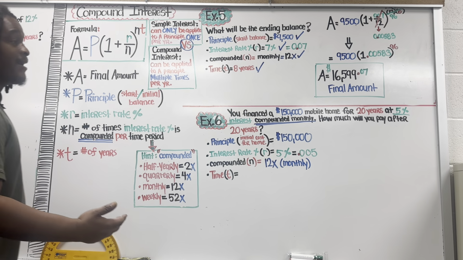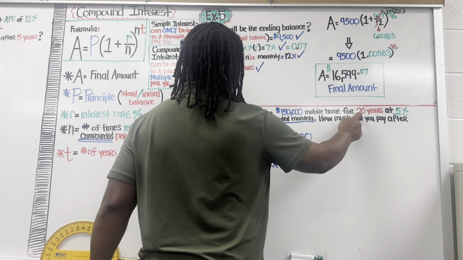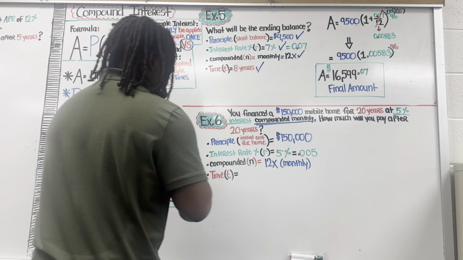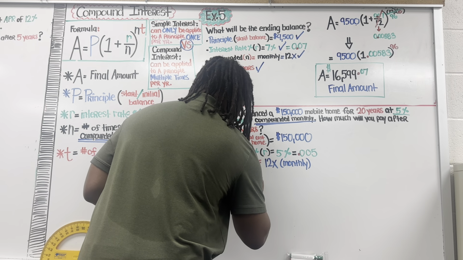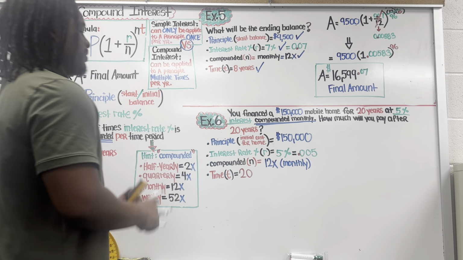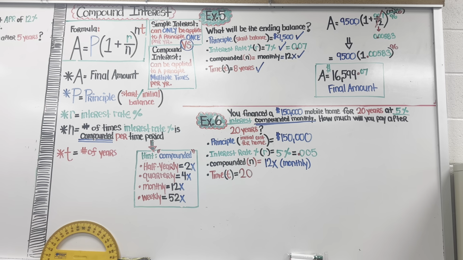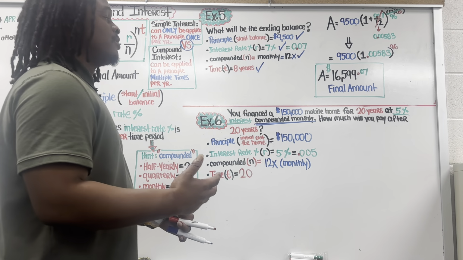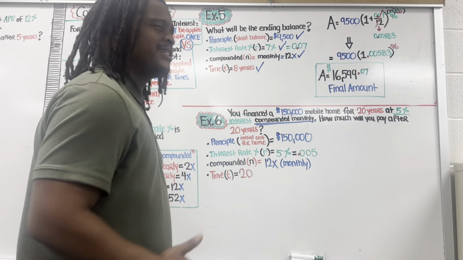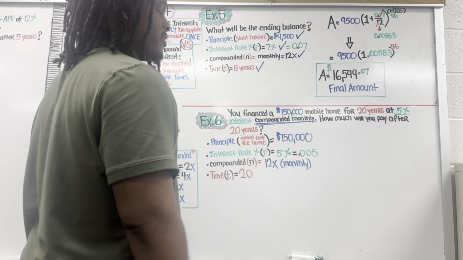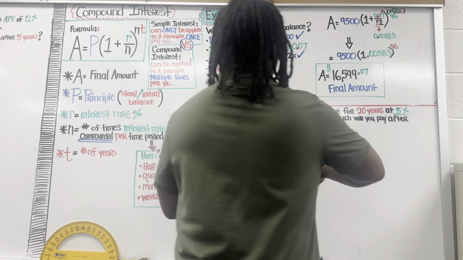And then the amount of time that they expect you to pay off this house that you financed is 20 years. So you're on a 20-year mortgage payment plan. We're going to find out, after 20 years, once you pay off this balance, how much did you really pay over the 20-year span? That's what we're going to find out. So now let's go ahead and start.